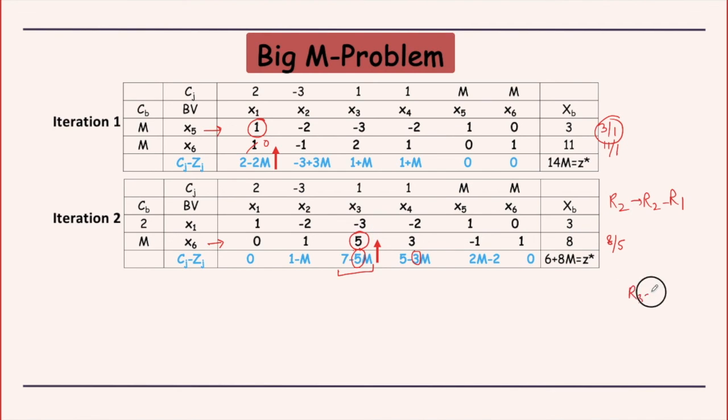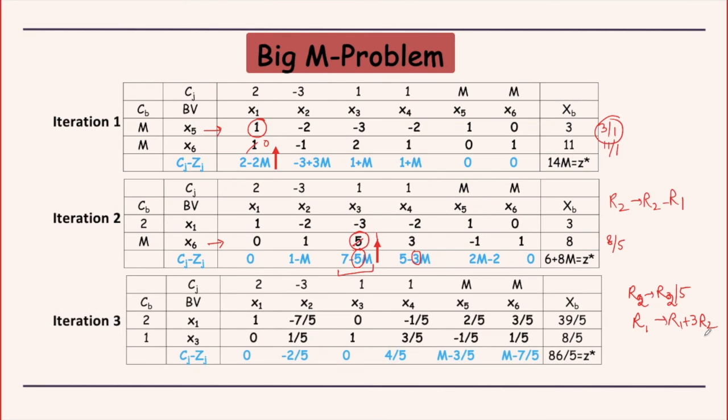So your R3 is R3 by 5, and then you are going to make this place 0 by using this 1 which is created. So your operation would be, sorry, this is R2, and for the first row it is R1 plus 3 times R2.